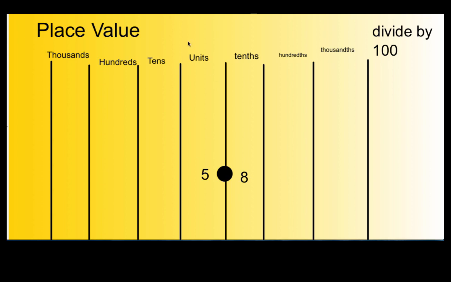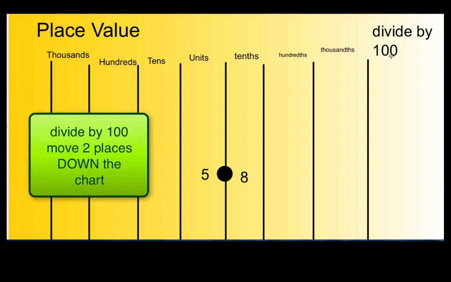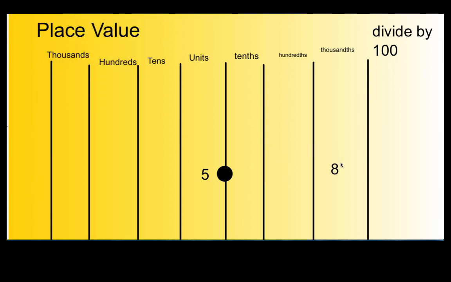So if we're dividing by 100, again we're going down the place value chart this time. And of course, because there's 2 zeros, we're going down twice. So you move the 8 down twice. You move the 5 down twice. Now you can't just have nothing there. You can't have no units, or no tenths.